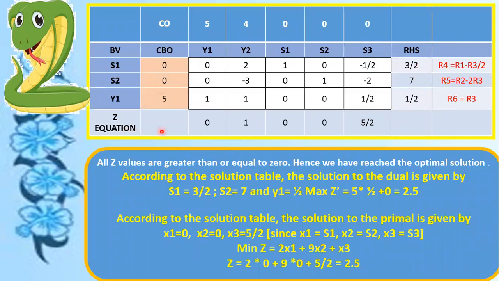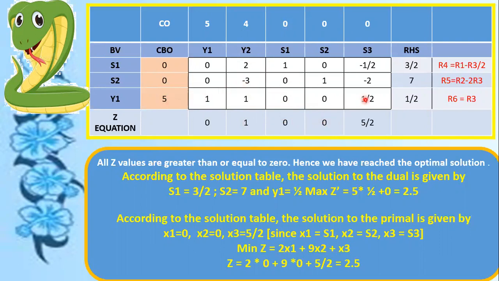Now get the Z equation. 0 into 0 plus 0 into 0 plus 5 into 1 is 5 minus 5 is 0. 0, 0, 5 into 1 is 5 minus 4 is 1. Again 0 multiplied by anything is 0 minus 0 is 0. 0 minus 0 is 0.